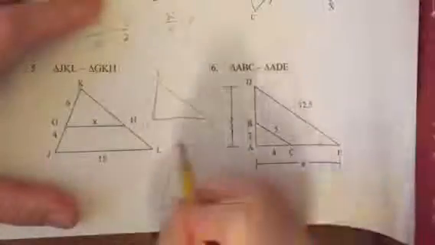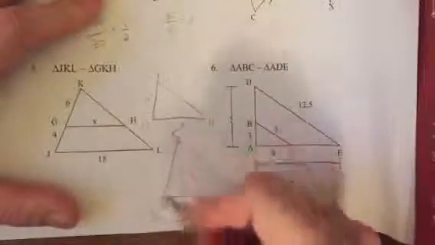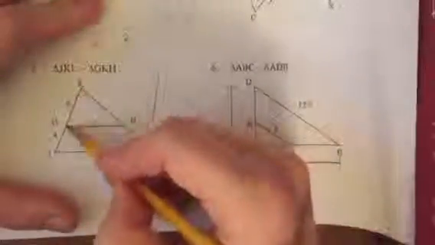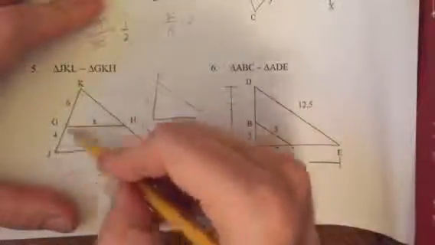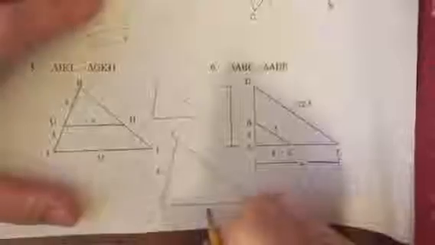But then the bigger one is KJL. It's got a 15 down here, but then I want to look at how long this KJ is. Well, from here to here was 6. From here to here was 4. So by segment addition, you can add them together, altogether would be 10.